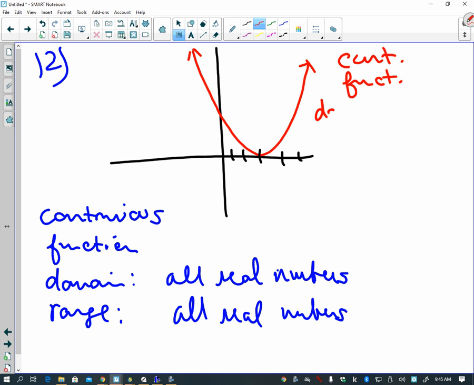Domain is all real, right? Because it continues to go to the left and right. What about the range? Okay, you could use y here, but they typically refer to it as just x. X is greater than or equal to 0. All right, so that just shows me that you know how to work with something that does have a defined domain or range, right?